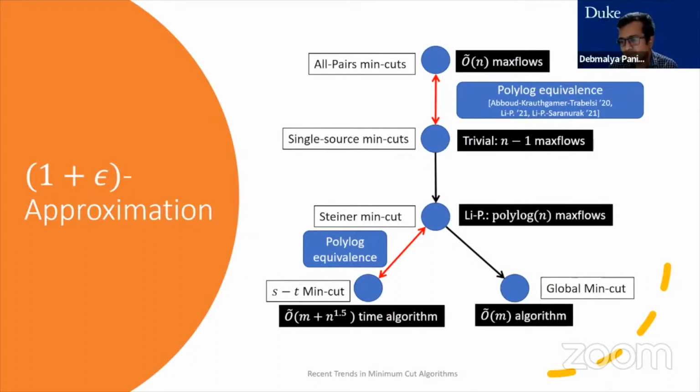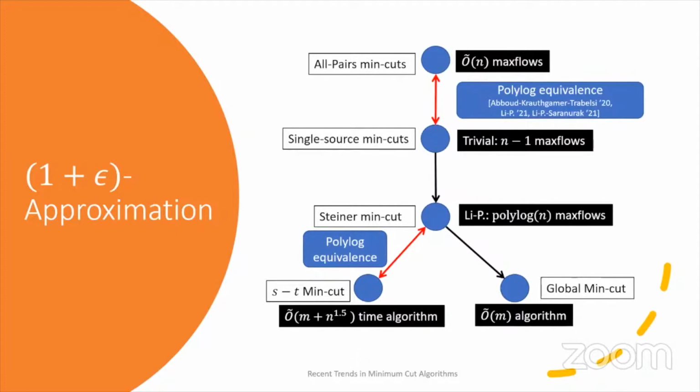So approximation didn't seem to help, even with larger approximation factors, things like constant approximations, log approximations. So what I'm going to do now is allow a 1 plus epsilon approximation. That's as mild an approximation as you can imagine. And we are going to explore whether this approximation helps us go beyond these n-1 max flow type algorithms.